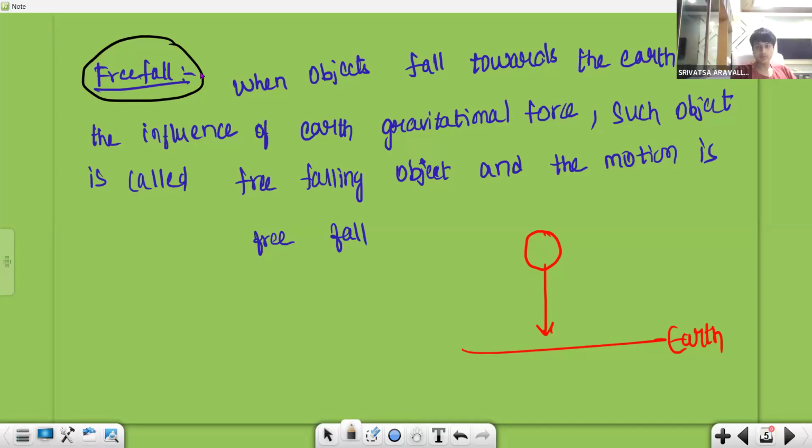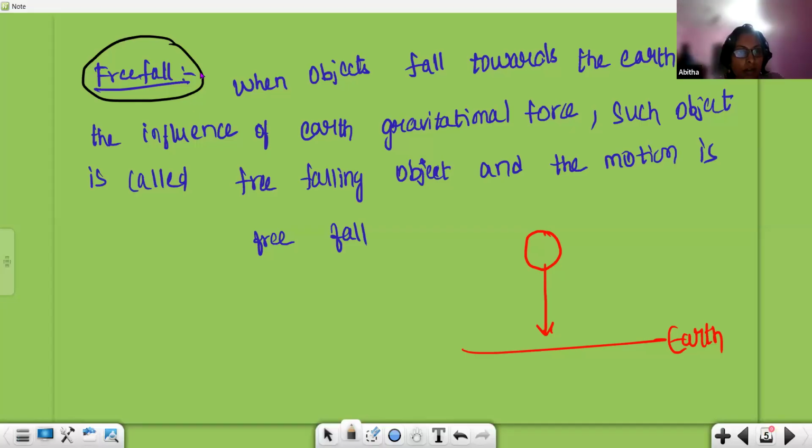Okay, can you repeat? An object falls towards the earth under the influence of the earth's gravitational force. Such an object is called a free falling object, and the motion is free fall motion.